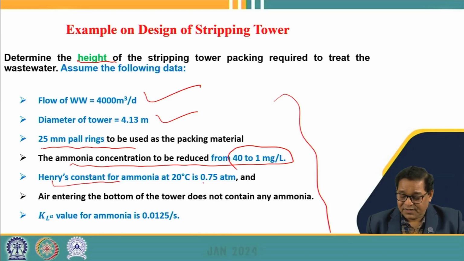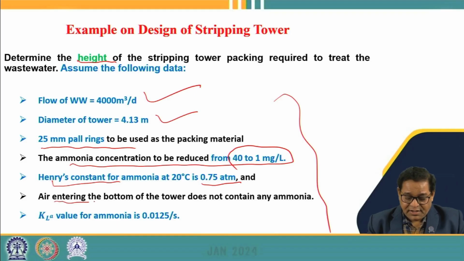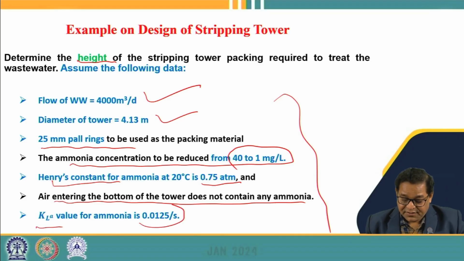Henry's law constant we have already seen, this is 0.75 atm at 20 degrees centigrade, and here also we have assumed the air does not contain any initial ammonia, and the KLA value is given, that is 0.0125 per second. So using these values, how can we find the height of the stripping column?